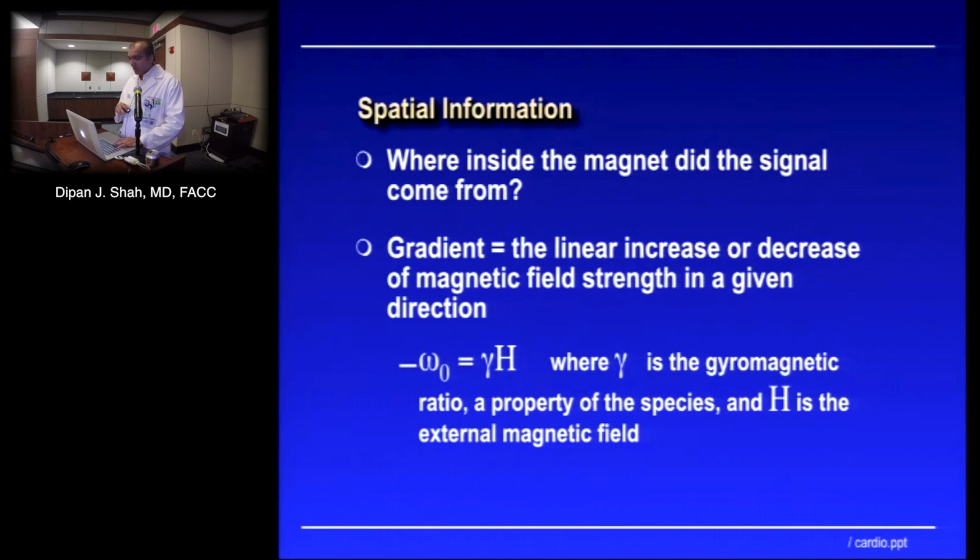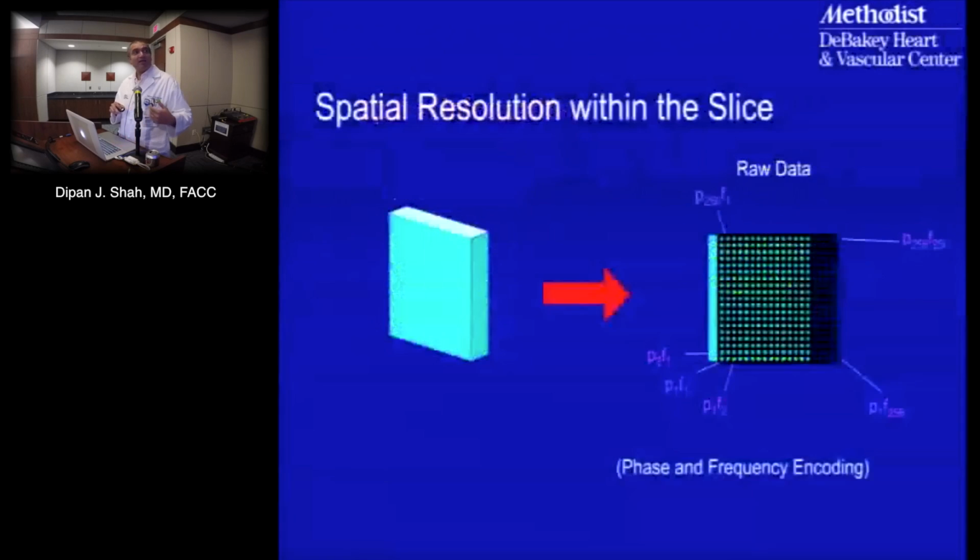But basically what that does, now within my x and y plane, not the z plane, is cause protons to spin at slightly different frequencies along this frequency direction. And from that, when you receive signal back, you can use that information to help encode where the signal is coming from. Is it coming from here, or is it coming from here, or somewhere in between?